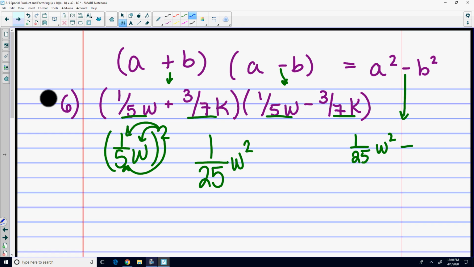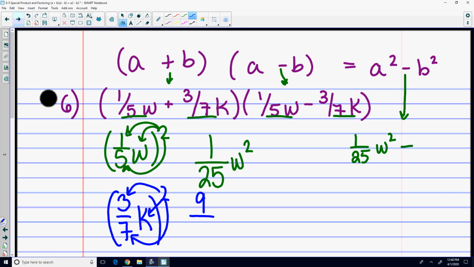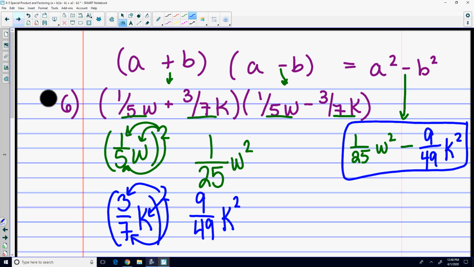Now my B position: I have 3/7 K, and I need to square the whole thing. Again, the square goes to the 3, the 7, and the K. 3 squared is 9, 7 squared is 49, K squared is K squared. That would be my B, so 9/49 K squared. Final answer.